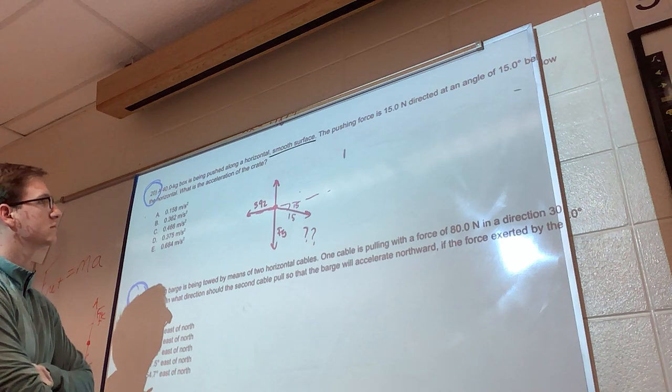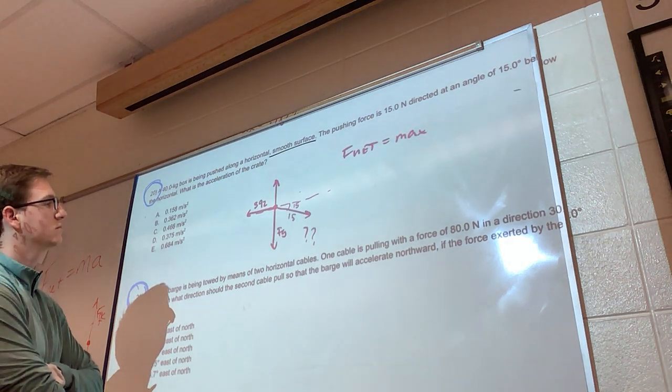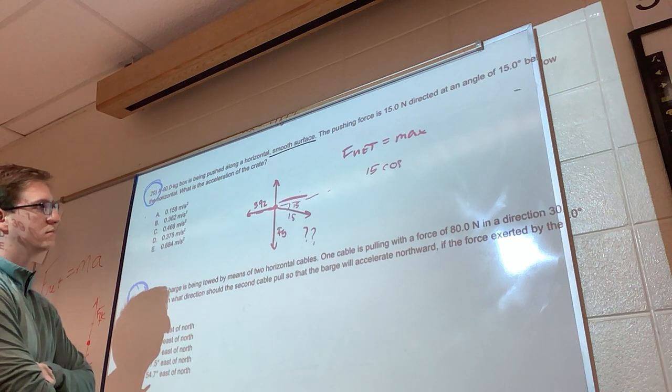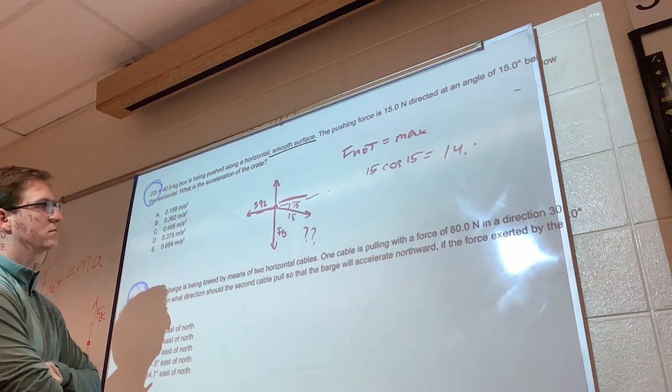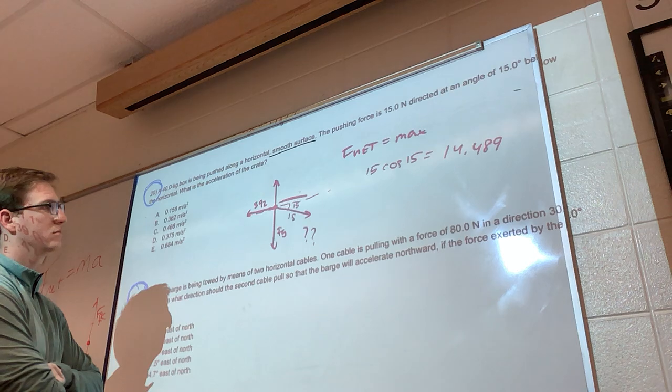So F net equals ma in the x direction. And we find again the cosine.